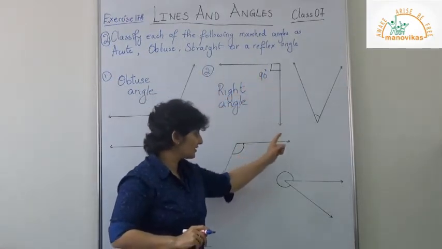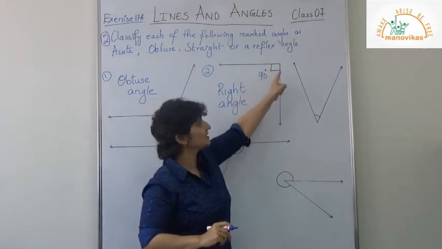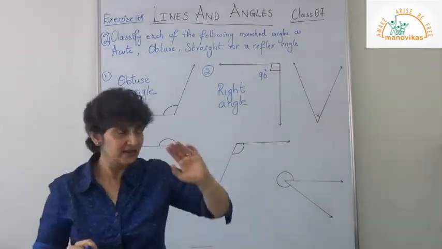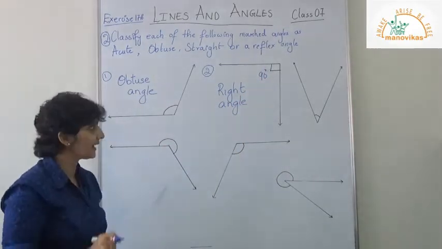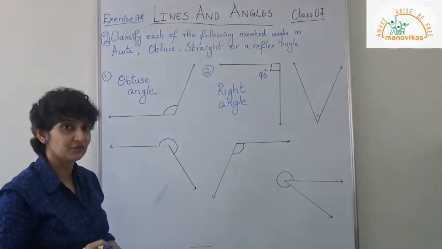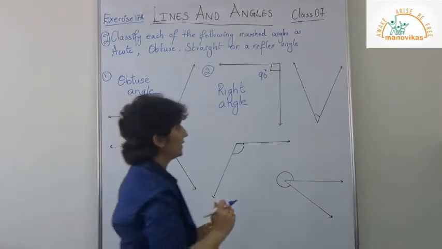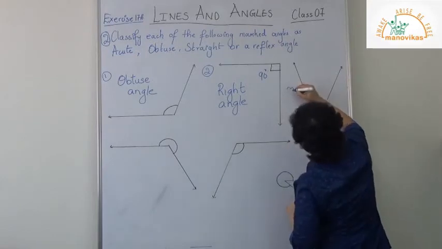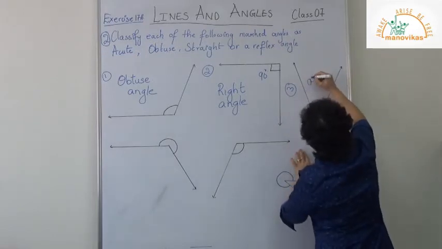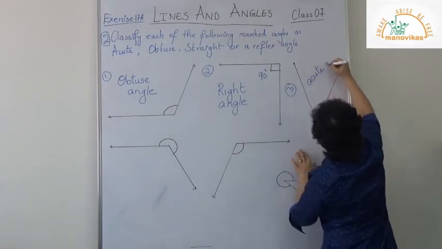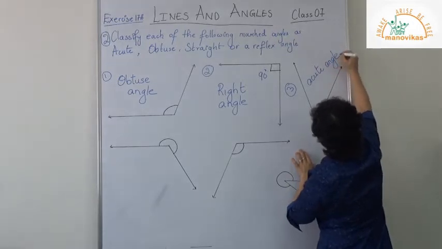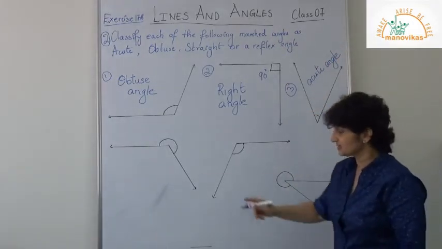Whenever you see a straight line in any form and you see a square box-like thing, remember it is a right angle. Looking at that itself, you know it is narrow, right? So what is this third one? This is an acute angle because it is less than 90 degrees.